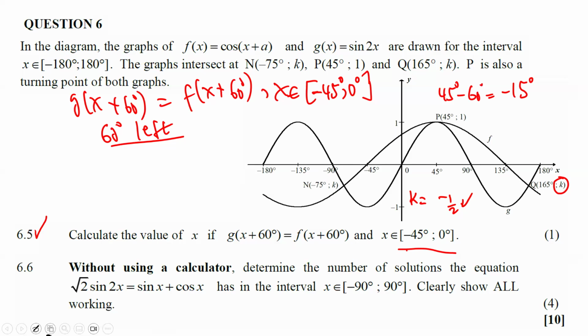So what you need to do now is to consider 6.6.